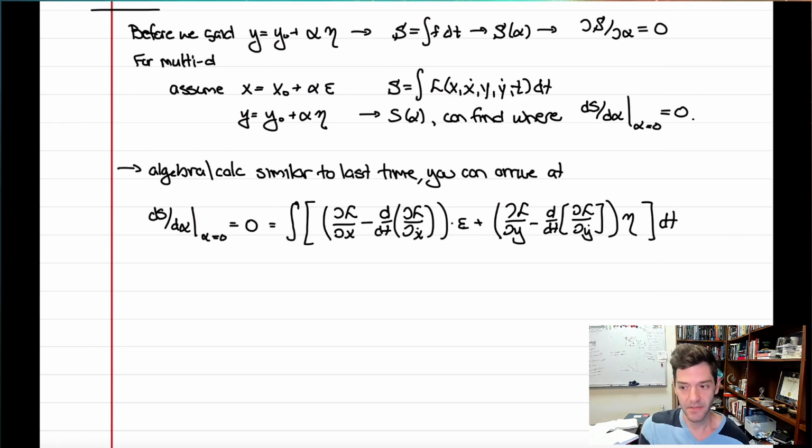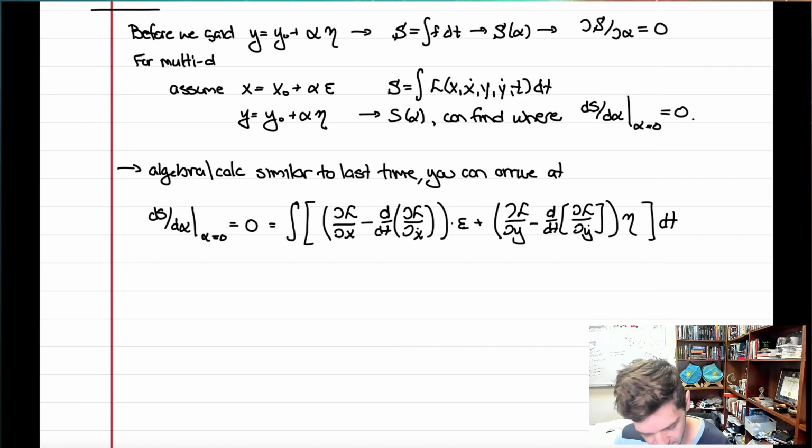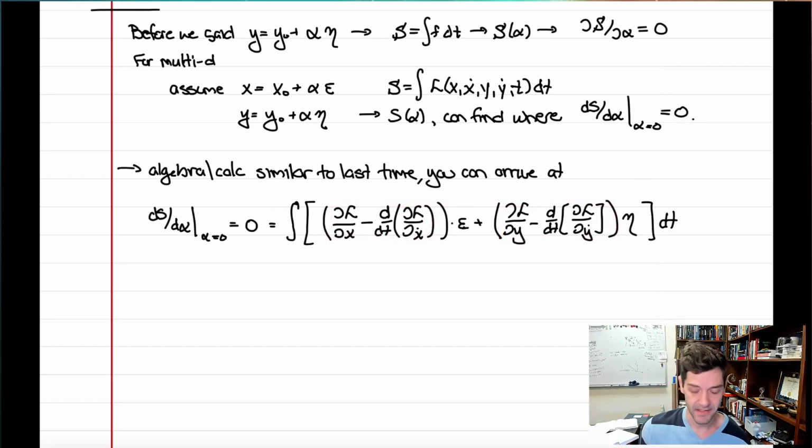And so similarly, we can say that this can only be true if each of these things in parentheses is identically 0. Where before we had just this, now we are saying that this and this have to be identically equal to 0.